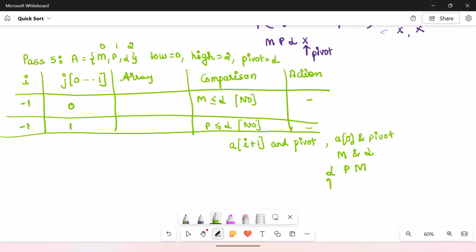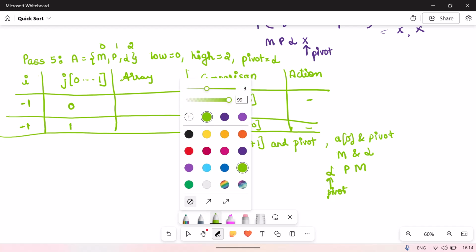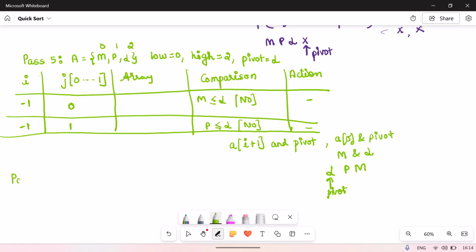Remember, L is the pivot. Right? Now you see to the left of the pivot, nothing is there. To the right of the pivot, we have two elements. Again, repeat the procedure. So pass 6.